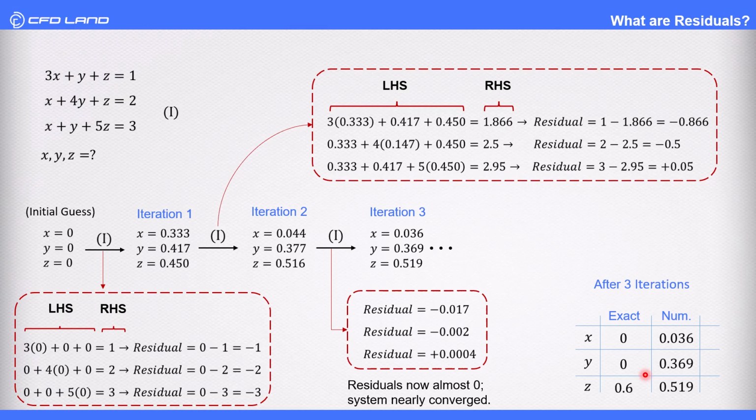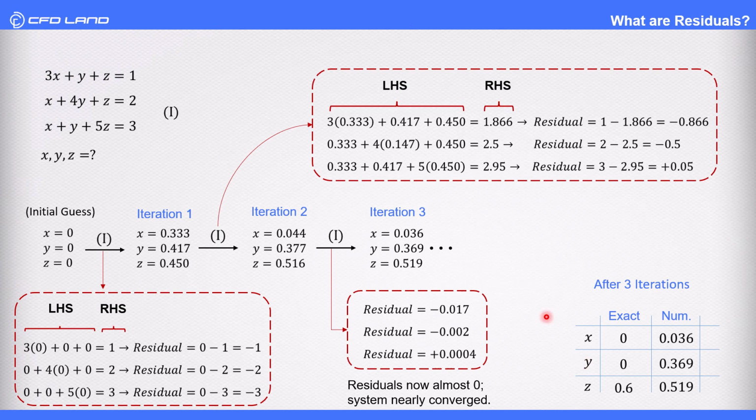But I personally believe that x and y need more iterations. The difference between exact solution and numerical solution is kind of large still. And the fact that z converged sooner than x and y is completely normal. Some variables converge sooner than the others.